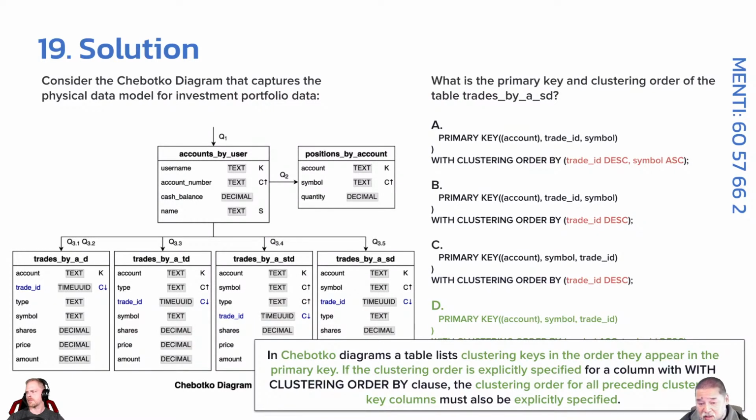So yes, this says trade ID is descending in C, but we'd also have to say that symbol is ascending, even though that's the default. Because the rule is, if you constrain clustering columns, you have to start with the leftmost or first column. So the only possible correct answer here is D.